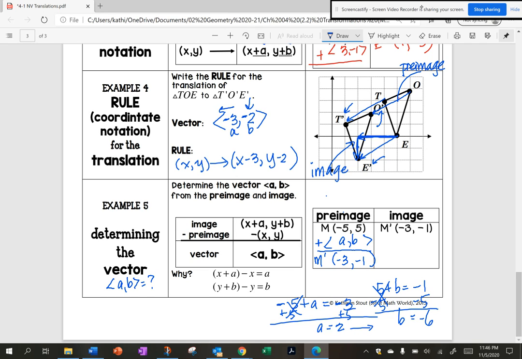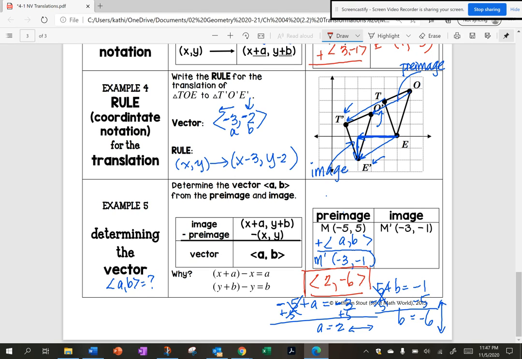So I know a, my horizontal value, is 2, and b, my vertical value, is -6. So my vector is 2, -6.